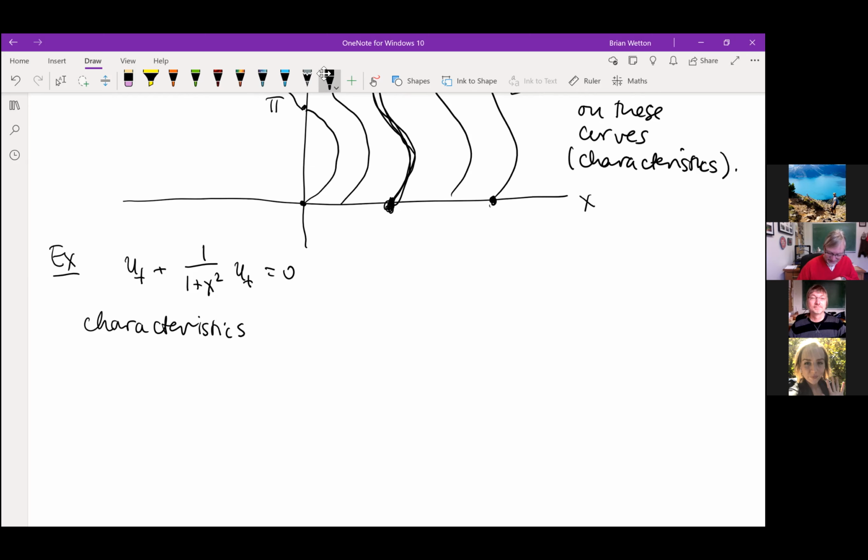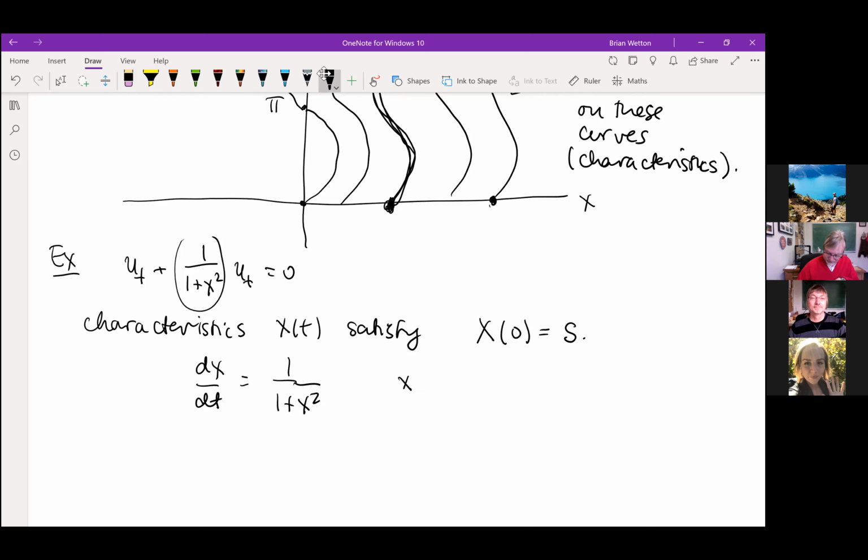They're going to satisfy, well, I'm always going to start them off somewhere on the initial x-axis. And they're going to satisfy dx by dt is this speed. Oh, I got the initial conditions already.